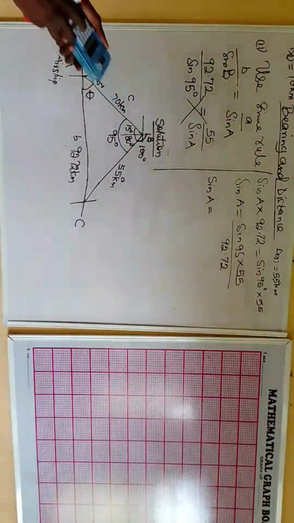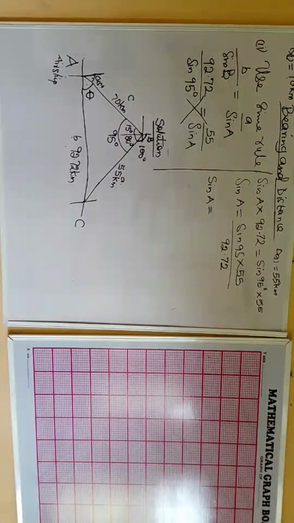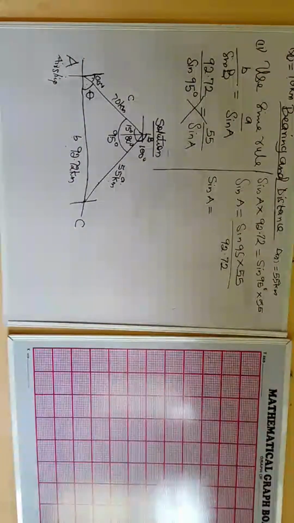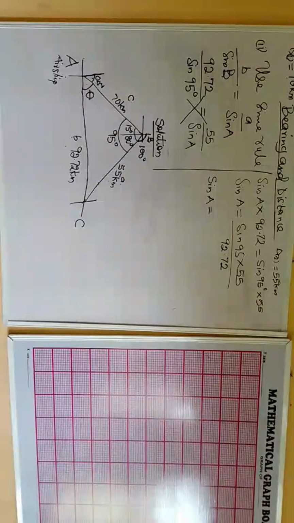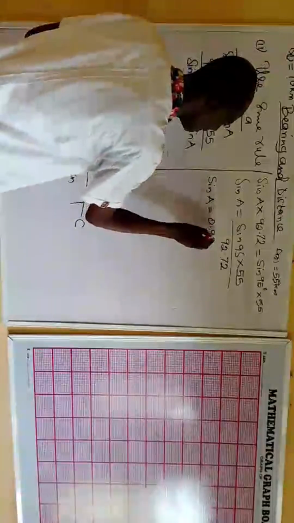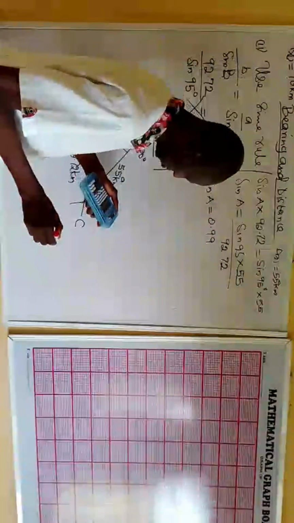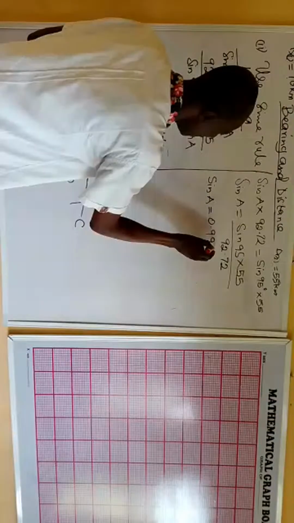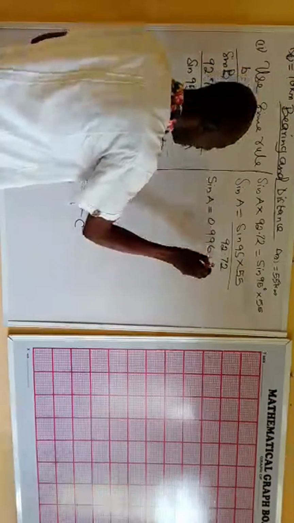So the sign is positive. Now, sine 95, what did it give to us? It is 0.99619.